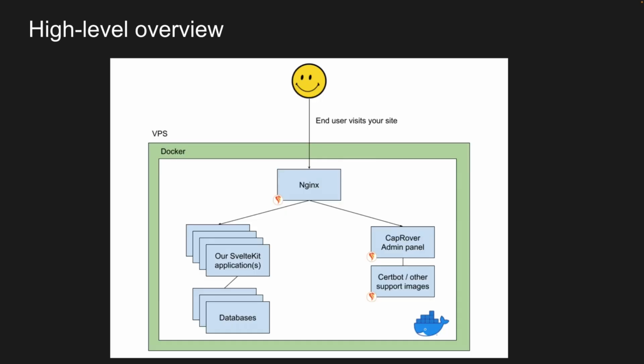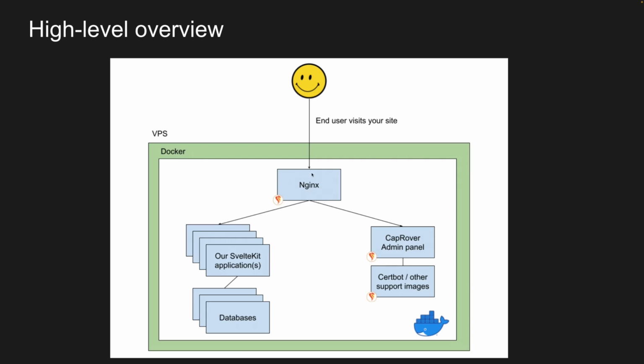All right, so before we start, let's look at a high-level overview of what CapRover actually does on your server. So you have this box here, which represents your virtual private server. And CapRover essentially functions inside of Docker. So you're going to have Docker inside your virtual private server, and CapRover is going to spin up some images for you once you install it.